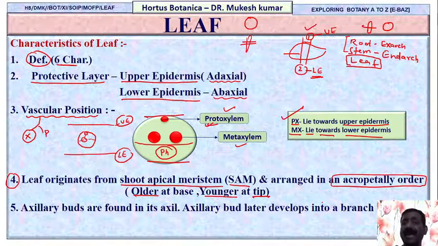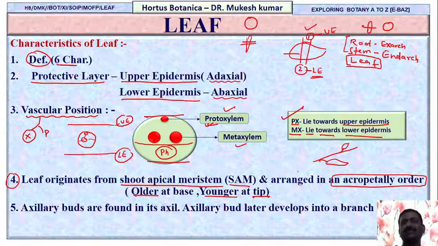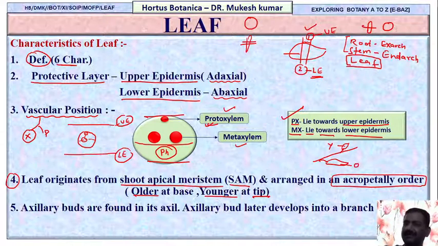This is called acropetal. If this is your stem, then at the lower side the larger, older leaf will be there, but at the upper side the younger leaf will be there. This is your younger leaf at the tip and this is your older leaf at the base, and such an arrangement or succession is called acropetal order, isn't it?